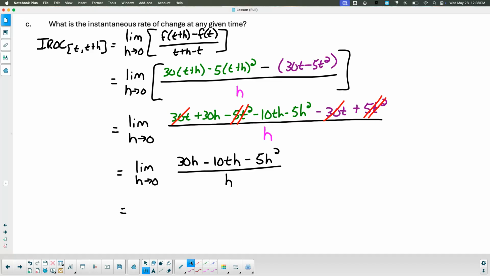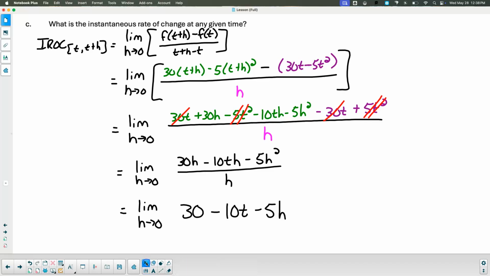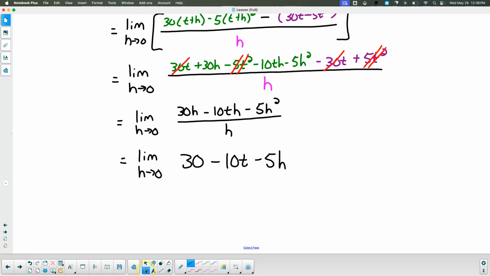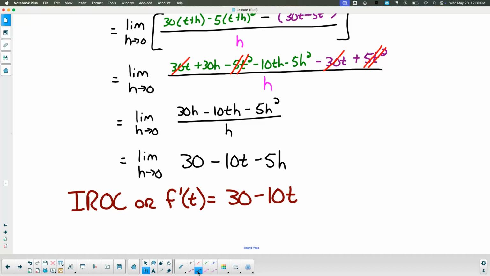So then that's going to be the limit as h approaches 0 of 30 minus 10t minus 5h. If I send h to 0, I get the IRoC function, or the derivative, as 30 minus 10t.